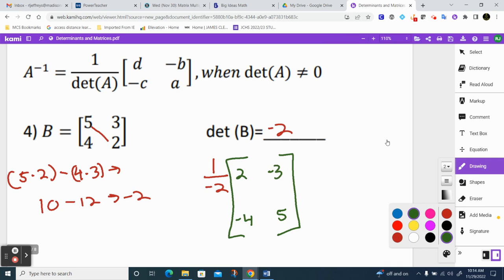All right. So I'm going to do this multiplication. I'm going to do it very carefully. So negative 1/2 times 2, if you do that in your calculator, even if you put in 0.5, you're going to get negative 1.